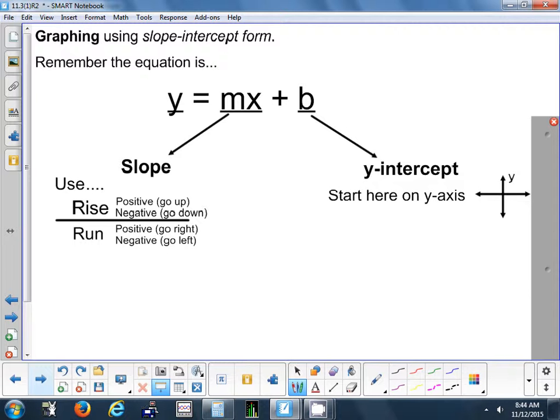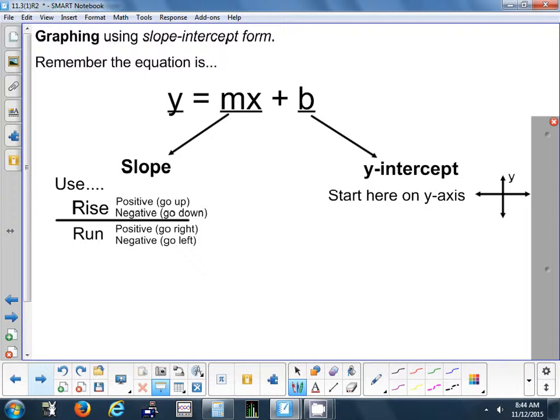So, like you guys just told me, b is our y-intercept. When we graph, we've got to make sure it's in y equals mx plus b form. I believe both of them tomorrow on the test will already be in that form, and we're not going to get into rearranging and graphing until next week. So when you do your graph, you start at whatever number is here.